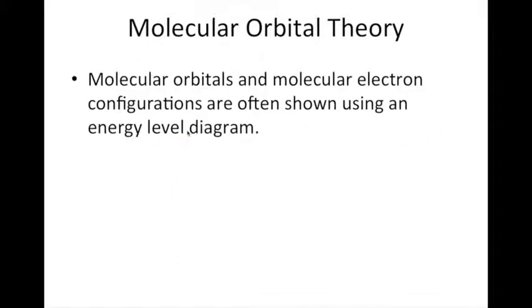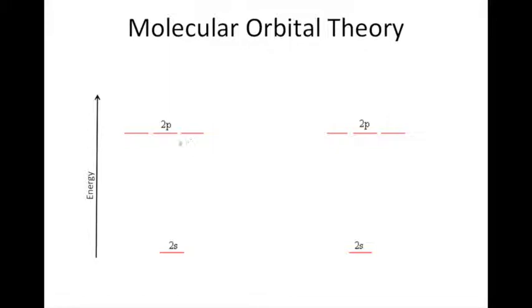Now that we have hopefully a general idea of what these molecular orbitals look like and how many there are, we want to look at how to draw a molecular orbital energy level diagram for a molecule. So let's start with any molecular orbital diagram. We start with the atomic orbitals to the right and left, and we draw the molecular orbitals in the center.